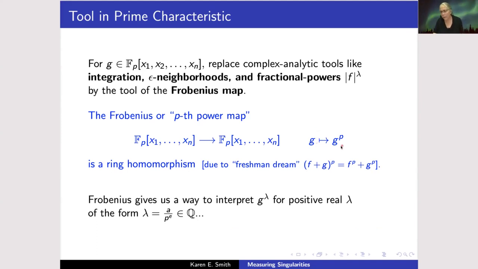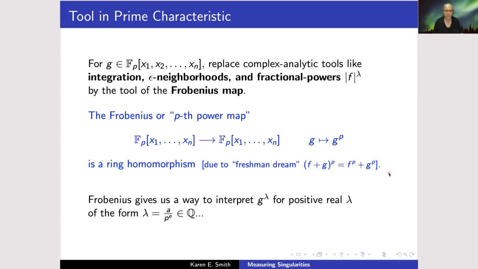The Pth power map, in general, if I have an arbitrary polynomial ring, let's say over the real numbers, would not be a ring homomorphism, because when I raise f plus g to the p and expand it out using the binomial theorem, over the real numbers I would not have that f plus g to the p is equal to f to the p plus g to the p.